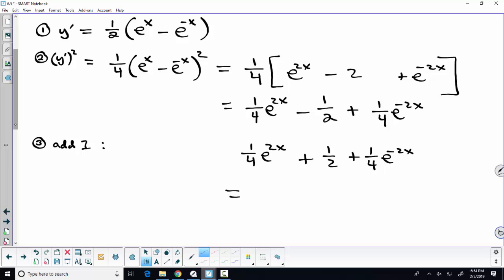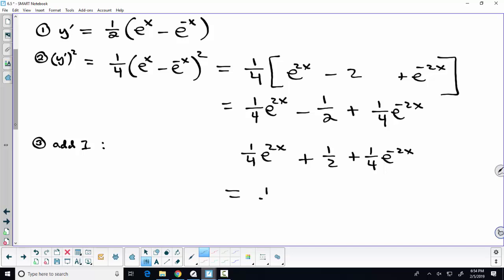So if the one with the negative 1/2 here gave us this quantity squared, this is the positive plus. It just turns that into a difference of squares in this step. This is now the sum of those squares, right?